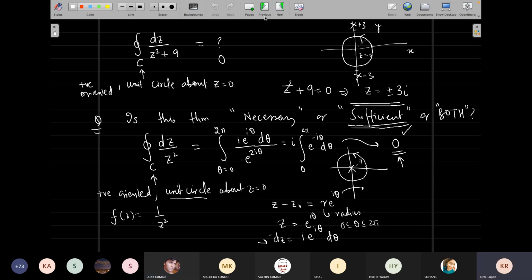I could hear your voice almost piecewise continuous; I'm not able to hear it continuously. Can you ask the question again? At the bottom right, you wrote two to three equations, that z minus zero equals r e to the power i theta. Can we go through the same steps again?